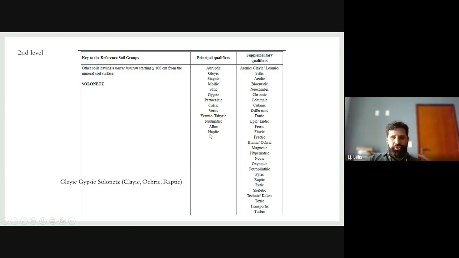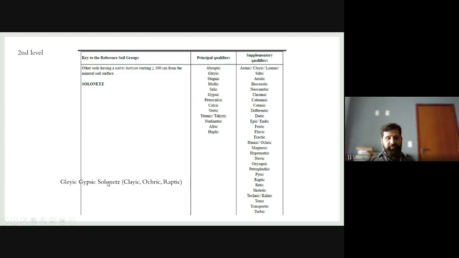So I shouldn't use nudimetric before mollic or clayic, but I can use nudimetric before albic. Okay? And when we are writing the principal qualifiers, we do not use brackets or commas, but we insert this information before the name of the soil group.